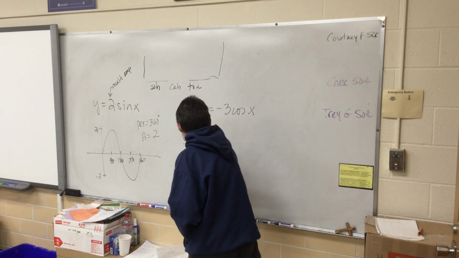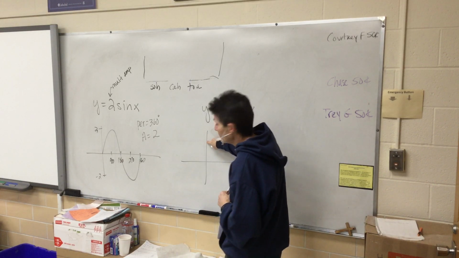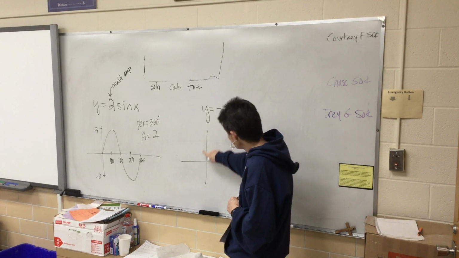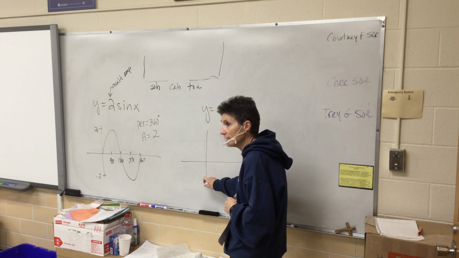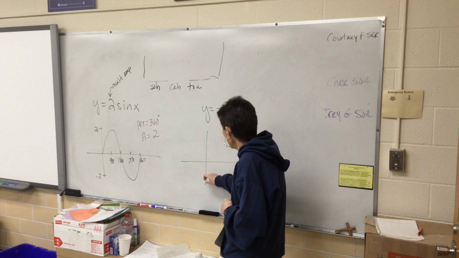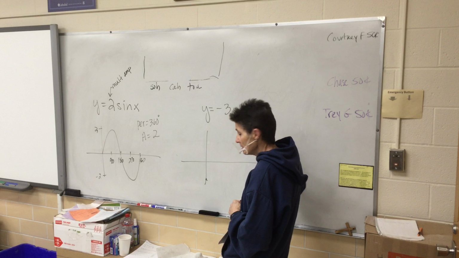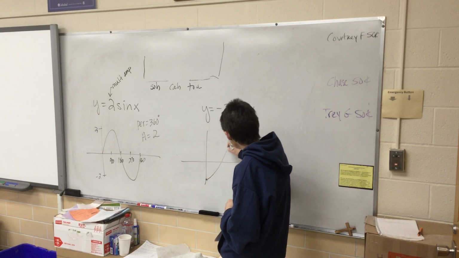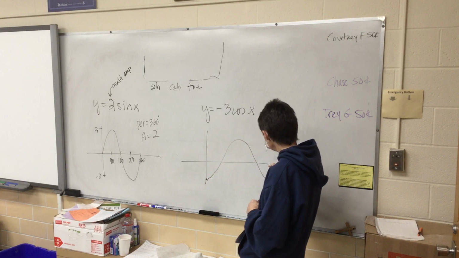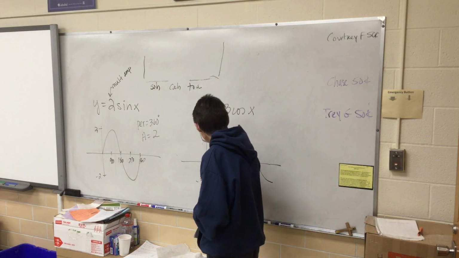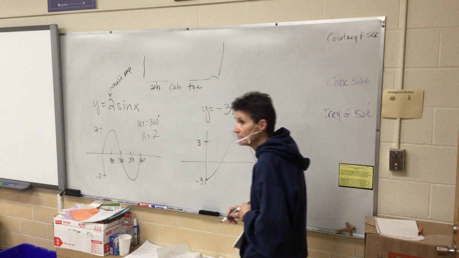Your cosine is supposed to start up here. Now it's going to start down here. Would you agree with that? And instead of coming down and making a valley, it's going to go up and make a hill. So it's going to start at -3, and the top's going to be up here at 3.